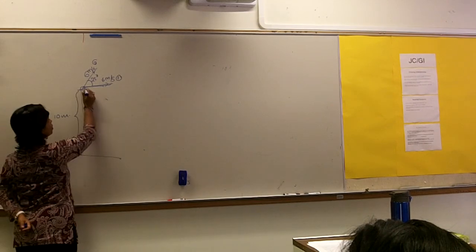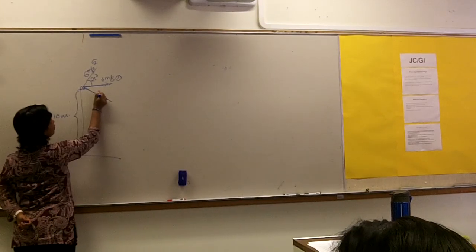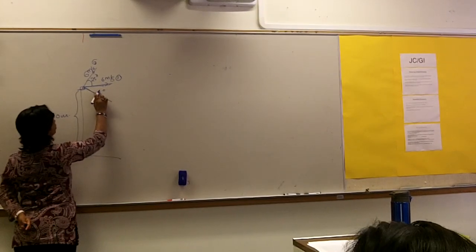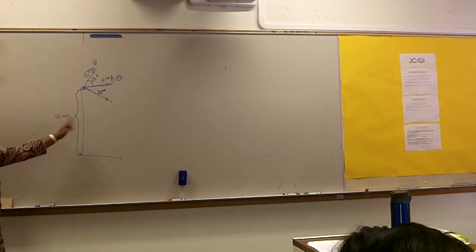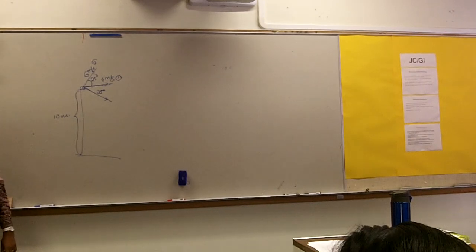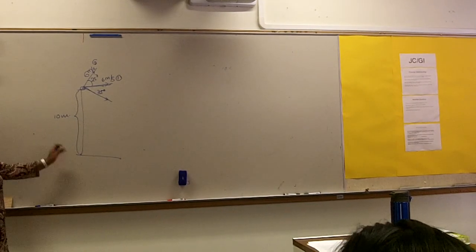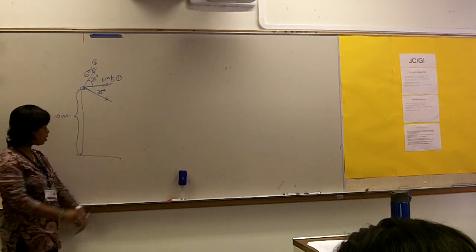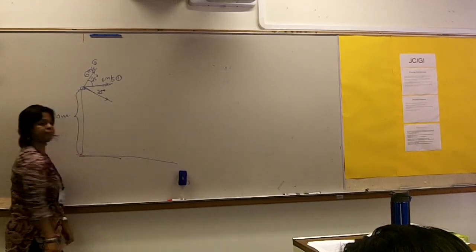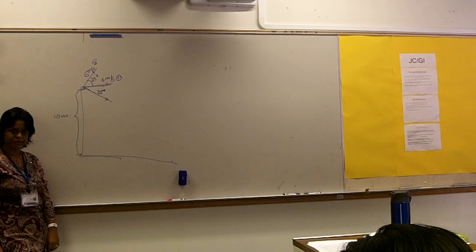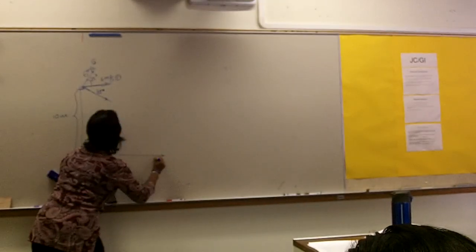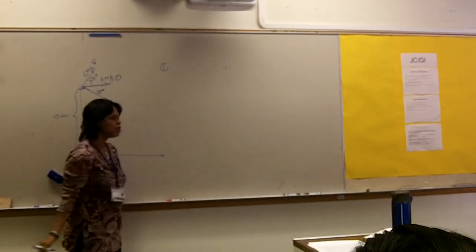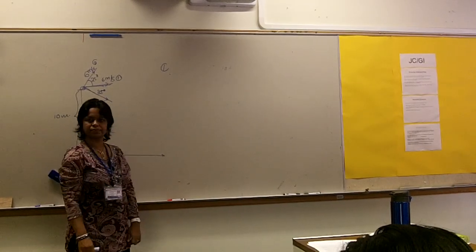Number three, you are throwing it at a different angle, 35 degrees down. Now let's see how it moves, how much time it takes to land, and what the path is. So number one, you are just throwing it horizontally.